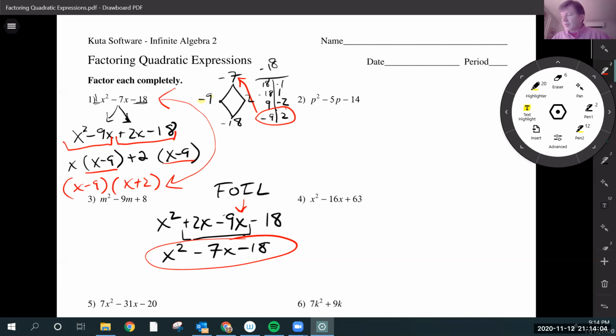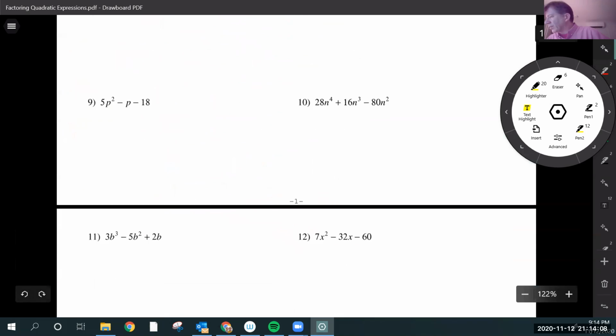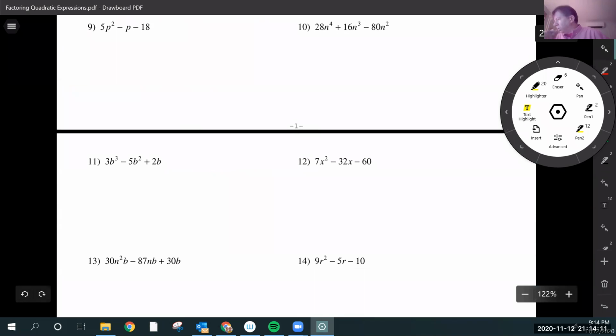Now let's go ahead and see if we can do something that's just a little bit more complicated, one on the second page. So let's go ahead and do number 12. There's more writing space there. So number 12, we now think of the diamond.